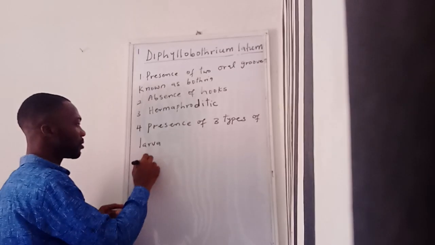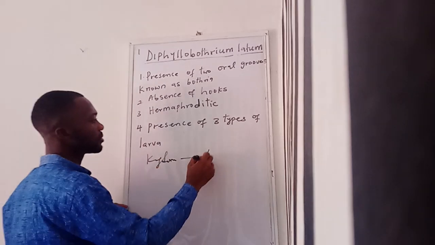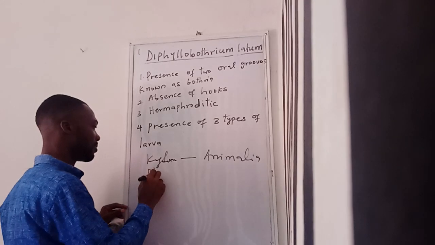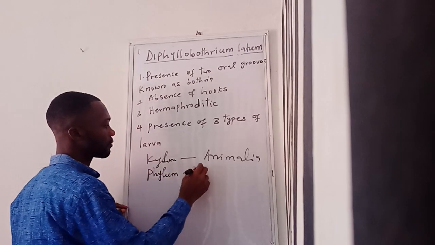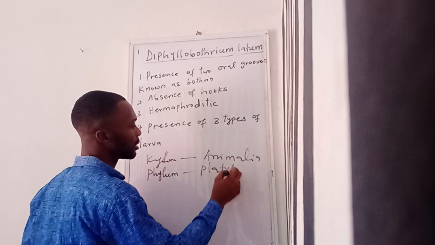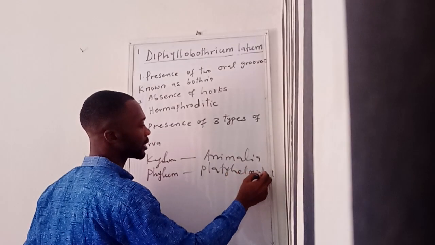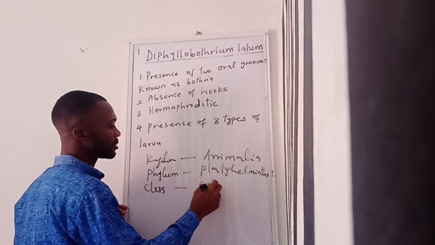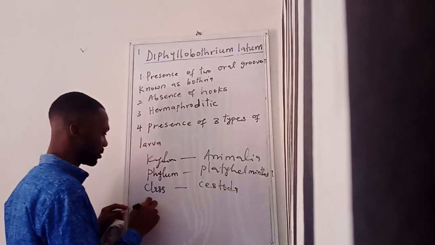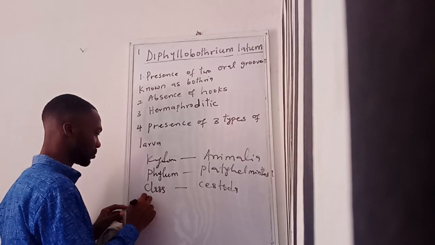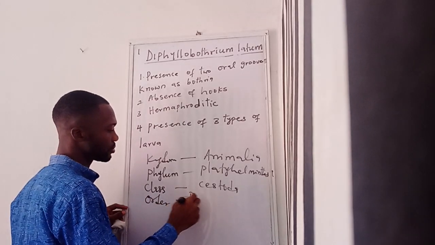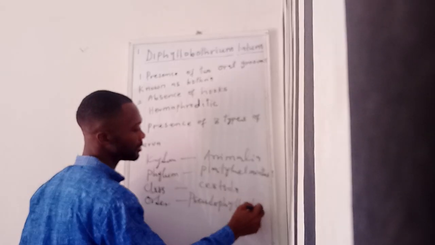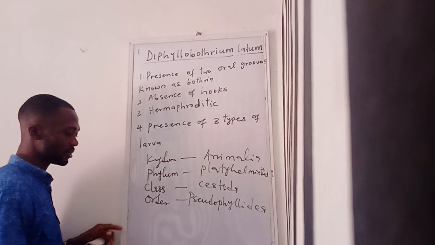Then when it comes to classification, the kingdom is Animalia. The phylum is Platyhelminthes. The class is Cestoda. The order is Pseudophyllidea.